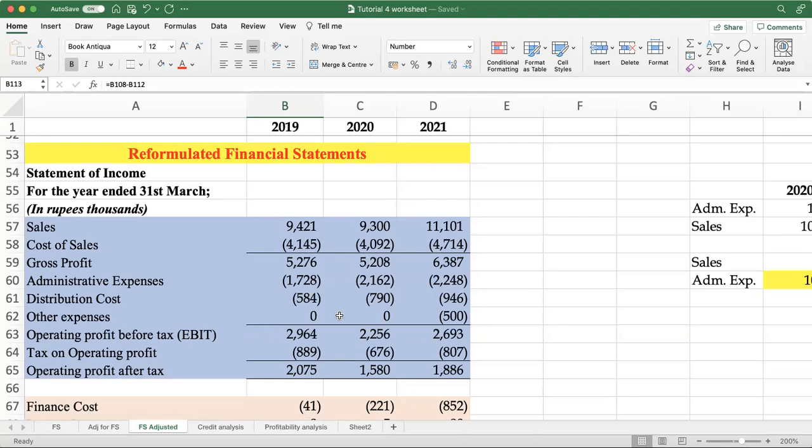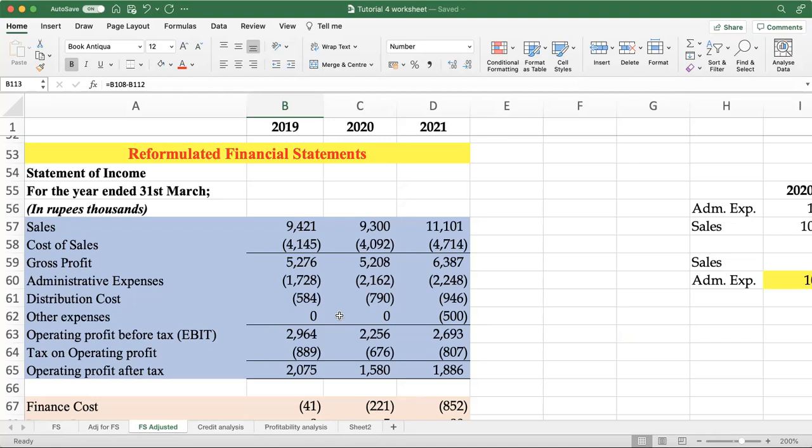So this is what happens in practice. You don't do analysis for the given financial statements. You see whether any adjustments are needed. Then after doing the relevant adjustments, you can do the analysis. Right. So these are the learning points.